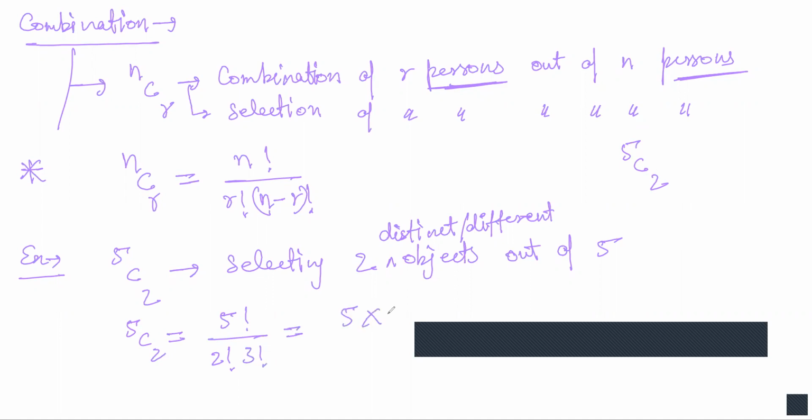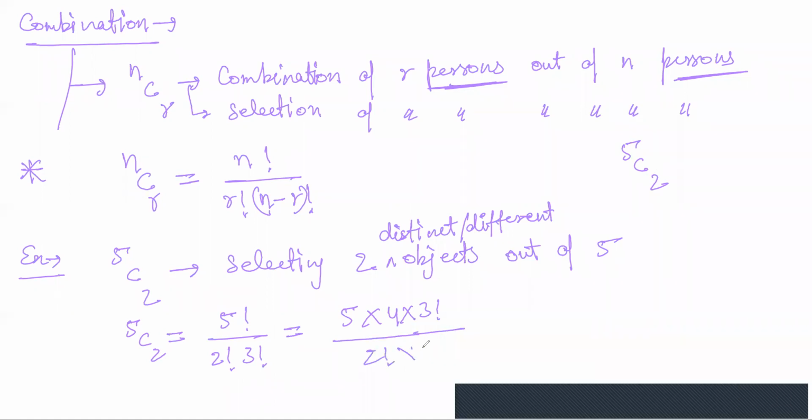Now 5 factorial can be written as 5 into 4 into 3 factorial divided by 2 factorial into 3 factorial. This gets cancelled out.